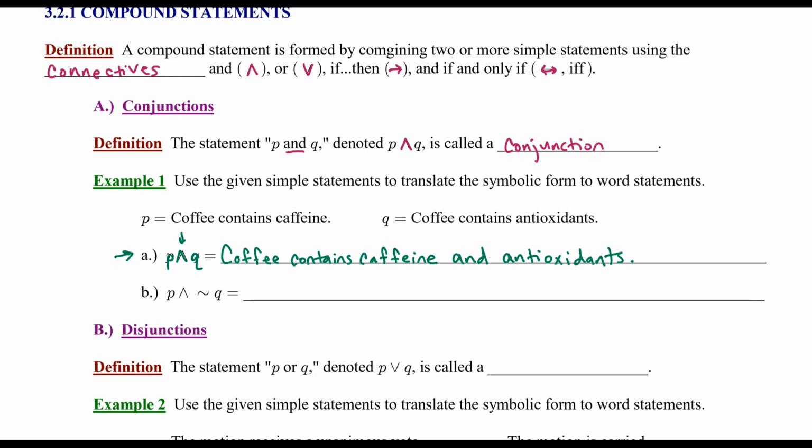Let's try the next example. The statement is P and, remember, this symbol represents a negation. So this is the statement P and not Q. So to translate this into words, I'm going to start with statement P, which is again, coffee contains caffeine.